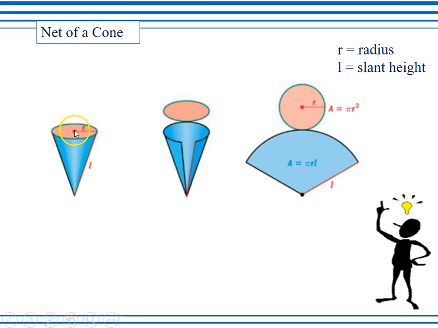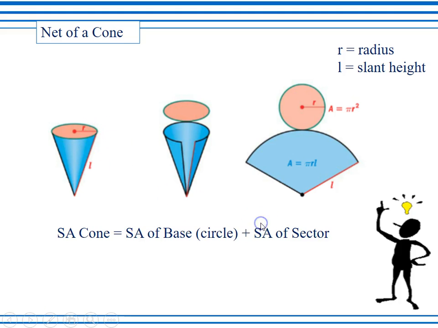From the center of the circle all the way straight down would be your height, and from the vertex up to the circumference would be your slant height. So the surface area of the cone is the surface area of the base, or the circle, plus the surface area of the sector. So we have pi r squared plus pi times r times L.